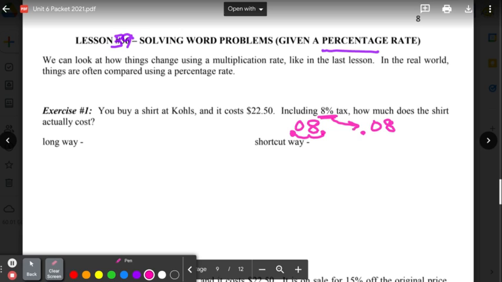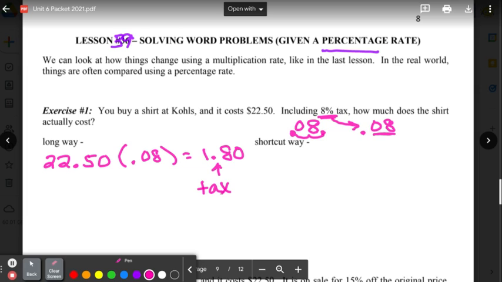So the way you figure out tax is you take the price of whatever you're getting, $22.50, and then we're going to multiply it by our rate, 0.08. And we get $1.80. That is our tax, okay?